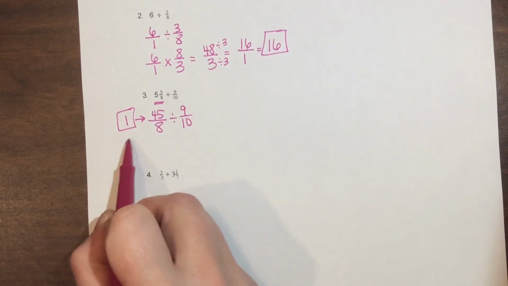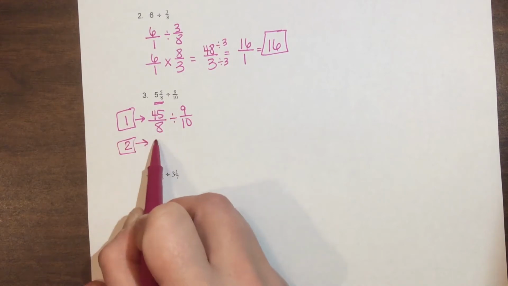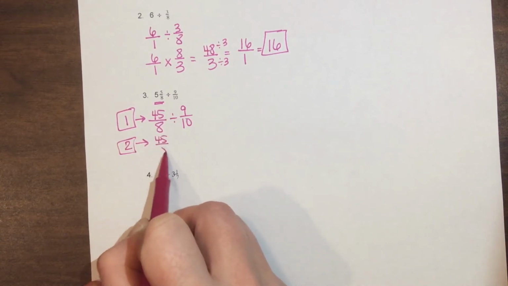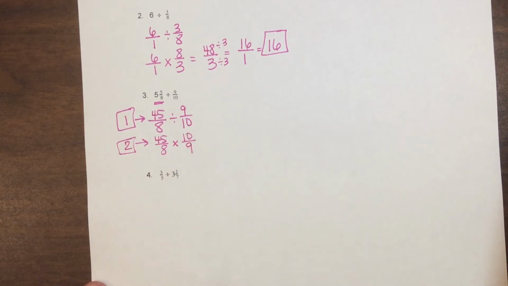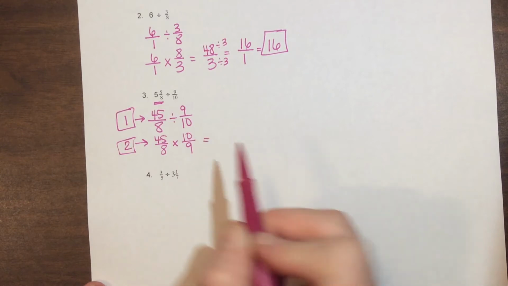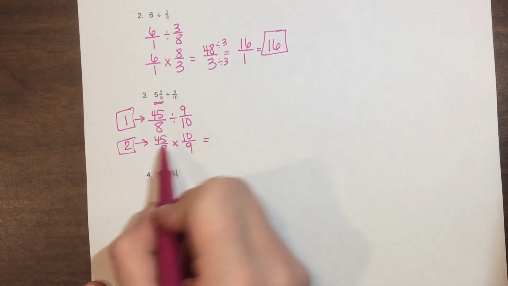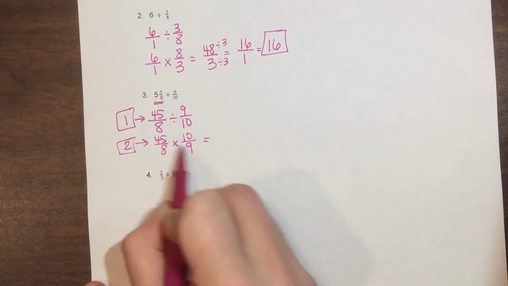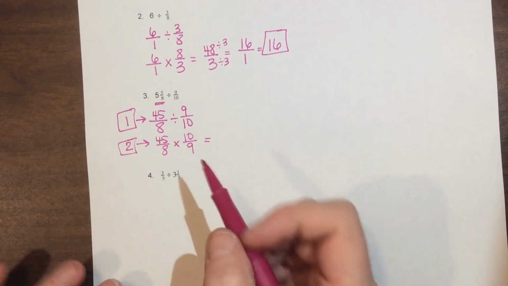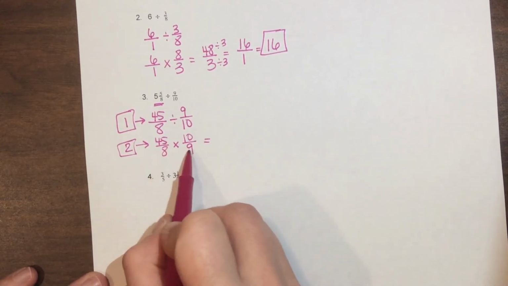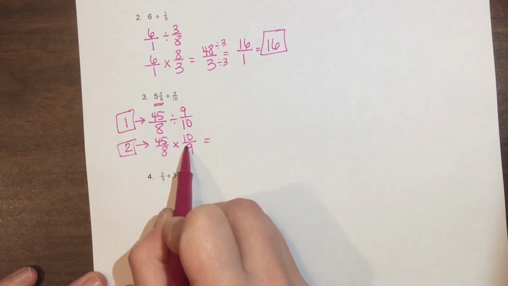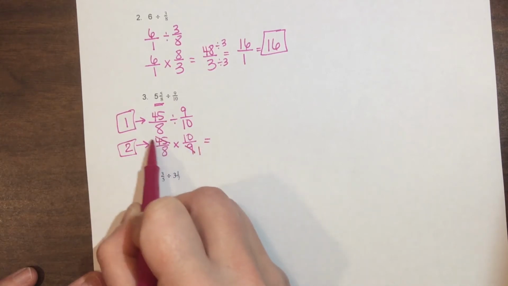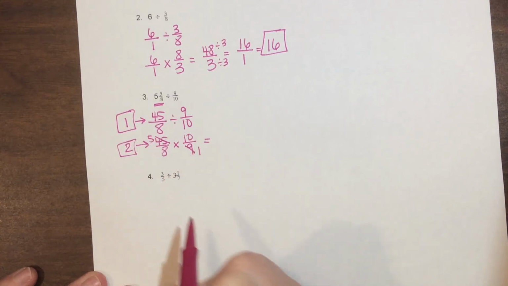The second step is where you can do your keep the first fraction, change to multiplication, and flip the second fraction. At this point, you can multiply. Some of us would choose to simplify these fractions before we multiply. If you look at the numerator of the first factor and the denominator of the second factor, we know we can factor a 9 out of both of those numbers, leaving a 5 and a 1.